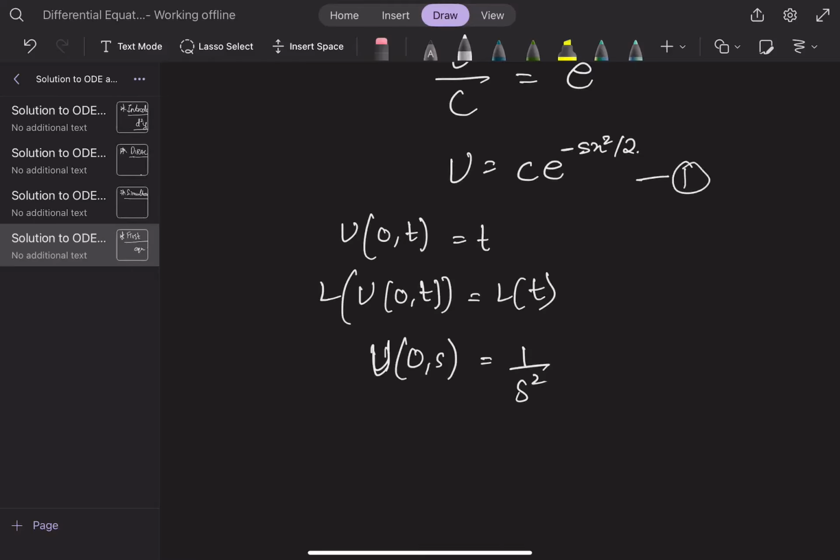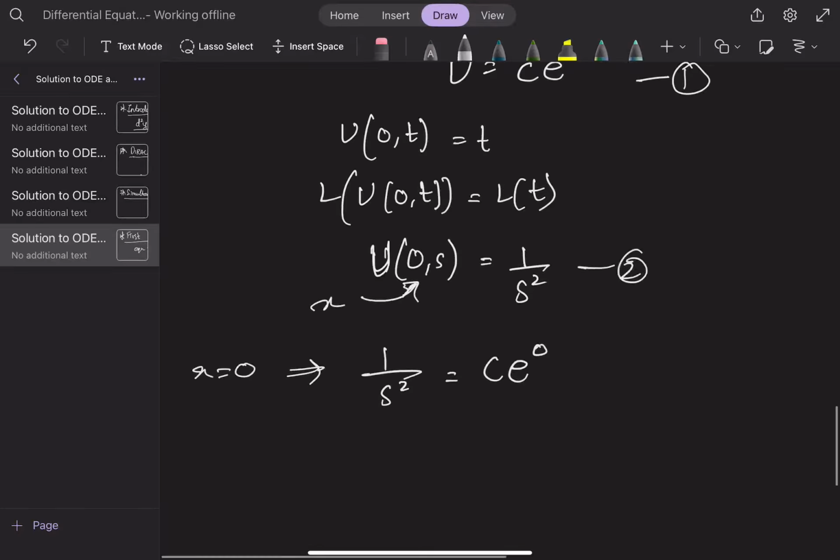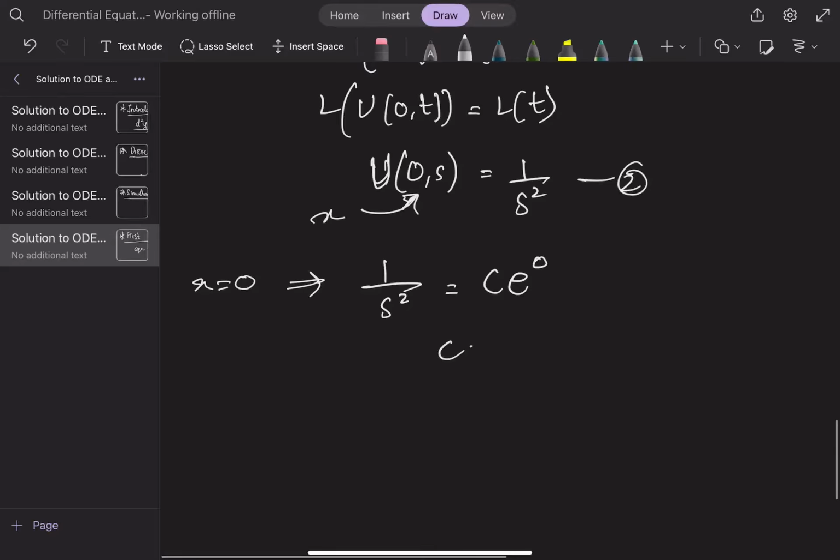If I write this as equation 1 and this as equation 2, I can say that 1 upon s square is equal to c e raised to 0, because this is when we have written x as 0. So you got c as 1 upon s square. Basically, you cannot leave the answer in c if you have an initial condition given to you.